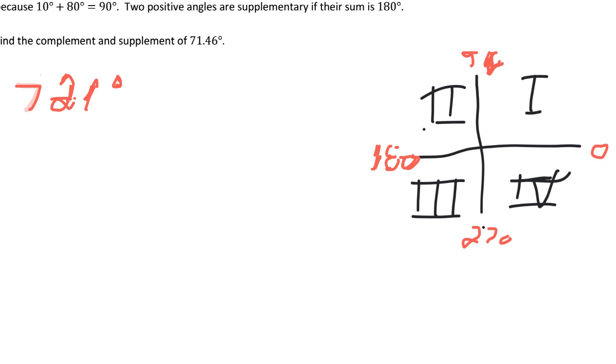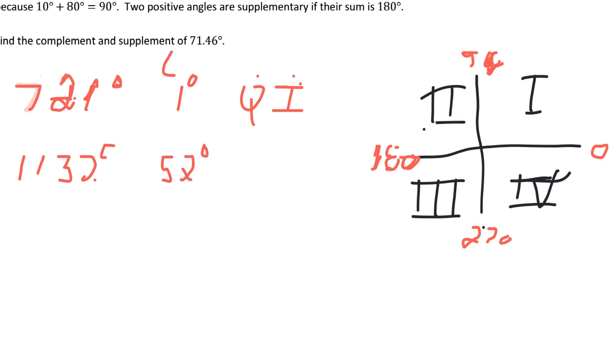So it's coterminal with 1 degree, and 1 degree is in quadrant 1. So 721 is in quadrant 1. We have 1,132 degrees. 1,132 minus 360 is 772, so we minus 360 again. We have 412, so we minus 360 again. And our coterminal angle is 52, which is in quadrant 1.